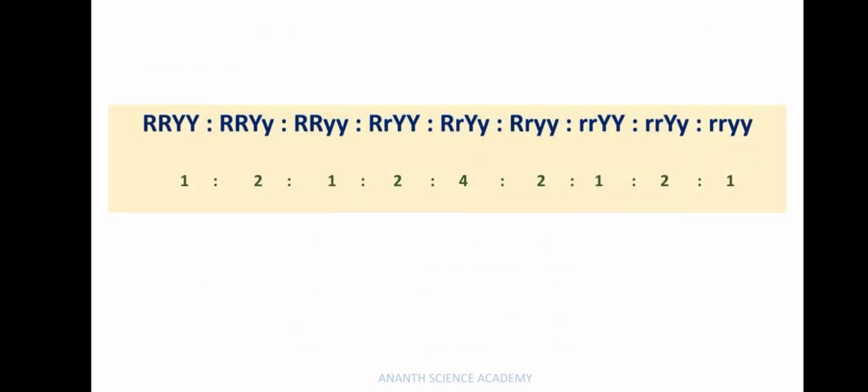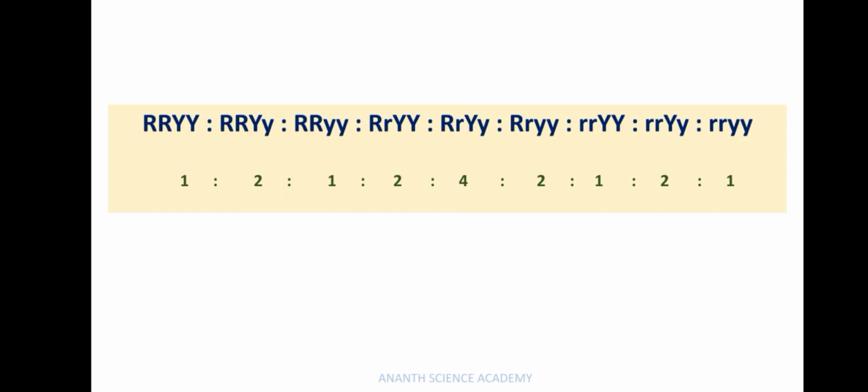Whenever you write the genotypic ratio or phenotypic ratio, you just list out all the different genotypes as I have shown here, and then from the checkerboard you can count and write. This can be followed for a phenotypic ratio also.